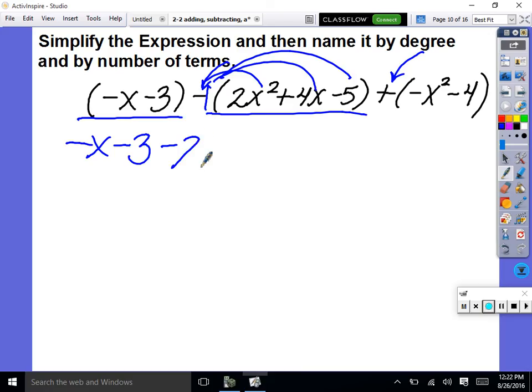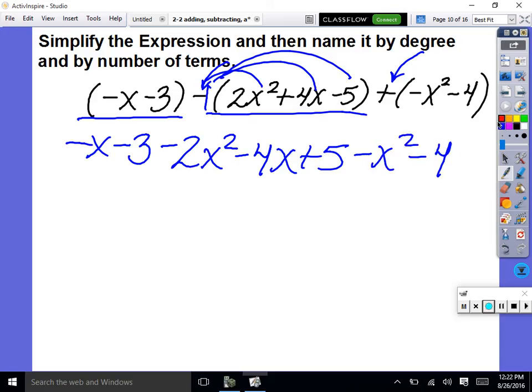So that's going to be negative 2x squared minus 4x plus 5. This is just an example for you. I want to leave the others for you to practice. And then right here, we just have a plus sign, so we don't need to do anything. Minus x squared minus 4. And then you're combining like terms, right? This isn't hopefully super new for you.